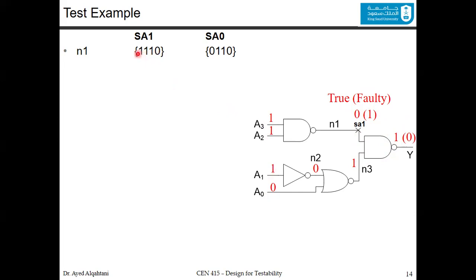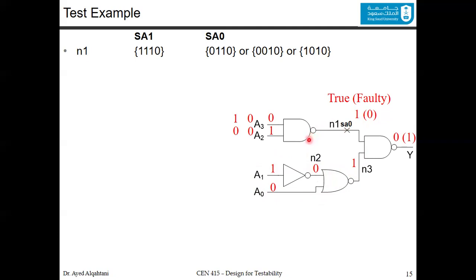Now, what if we test the same node, but stuck at 0? Now the true value is 1, the faulty is 0. Again, we have the same scenario here because you want the value here to be 1. So it will be 0 here, 1 here, and 0 here. Similar to the previous case. But now here, this one in an AND could be generated in multiple ways.